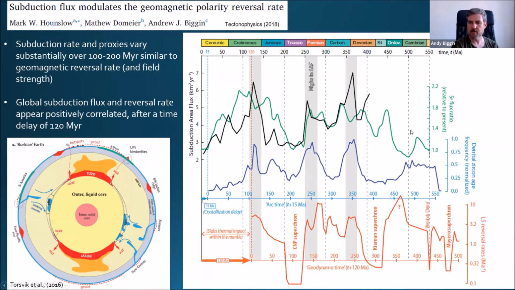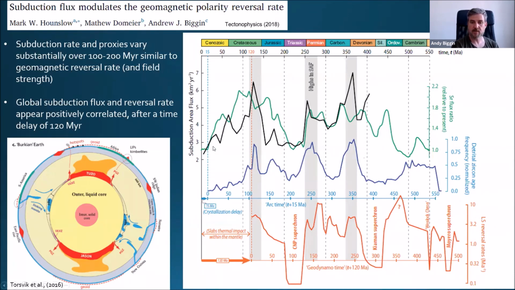So we've got the mantle component of the strontium flux ratio from Vandermeer et al. 2017, and we've got a global compilation of detrital zircon ages as well. And what we found was all three of these records showed variations that were quite significant.